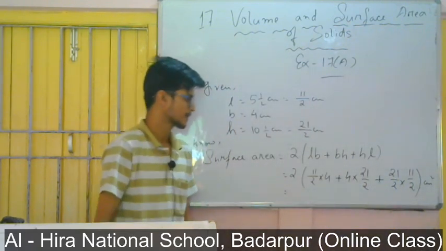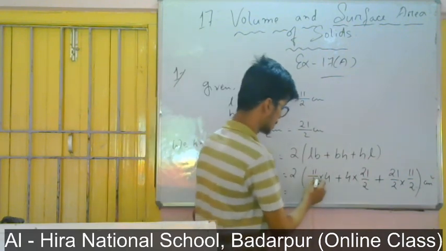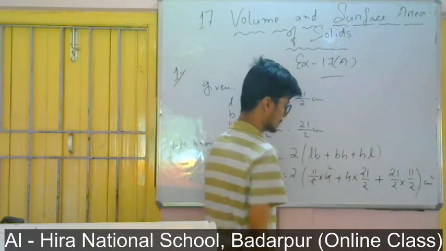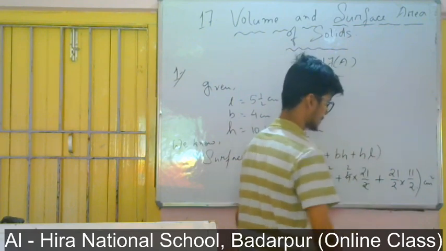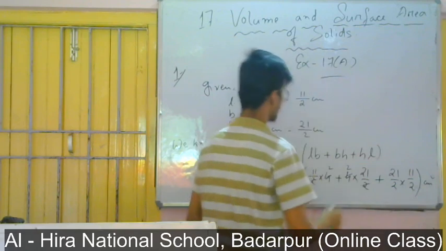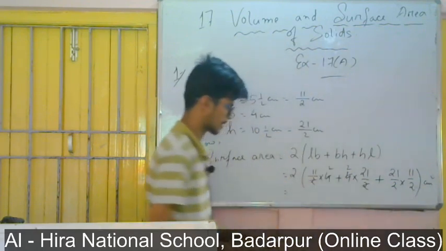Centimeter square. So now you see here I can cancel 2 2s are 4, 2 2s are 4. So I can write this one.